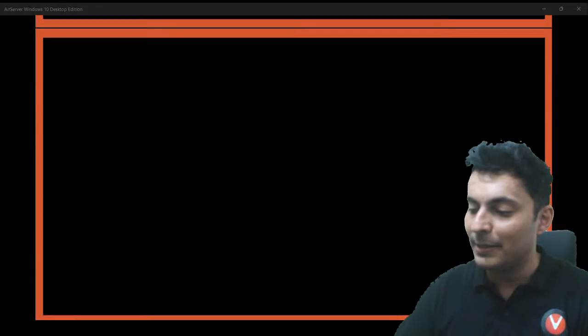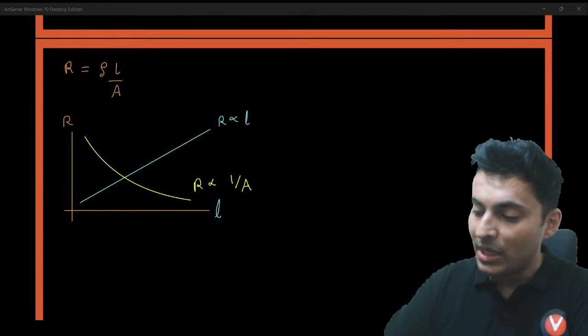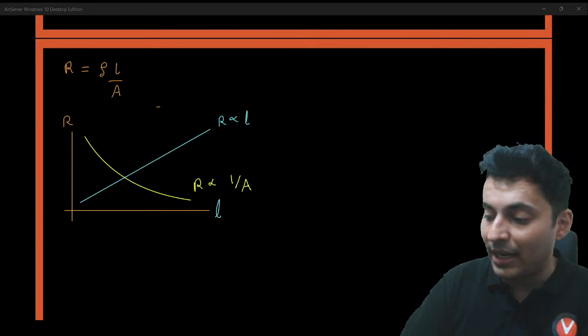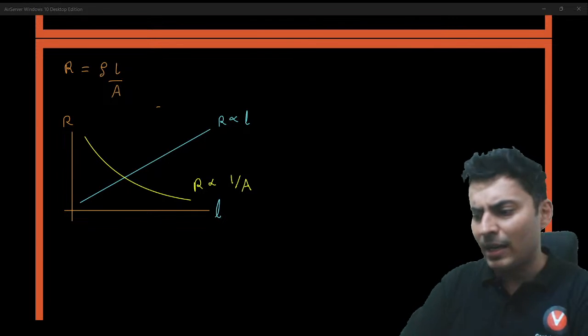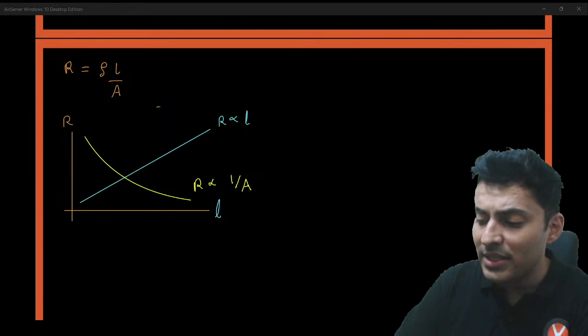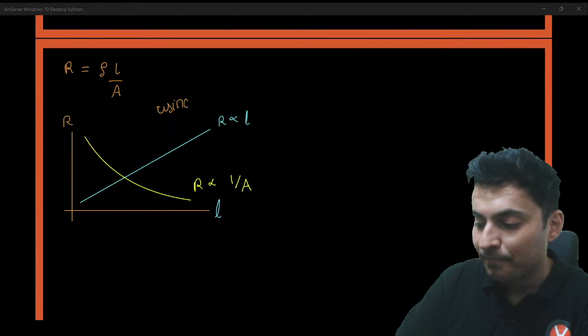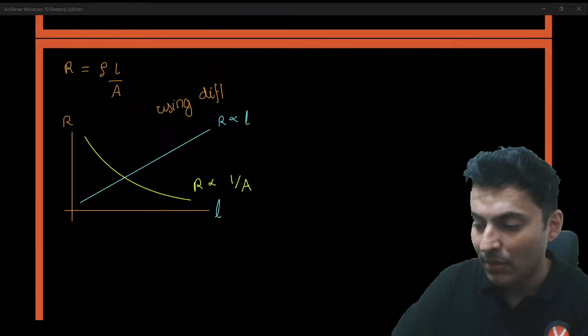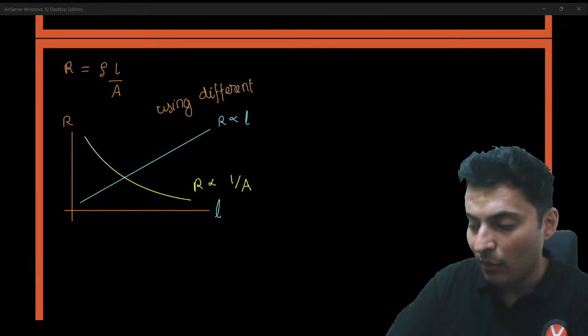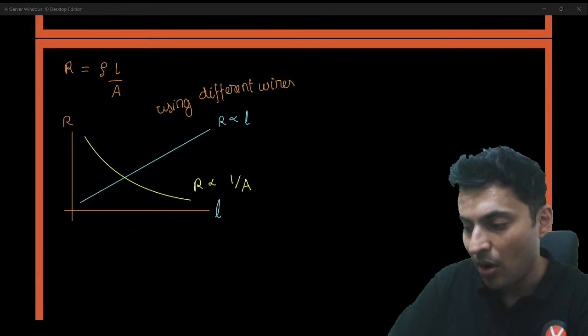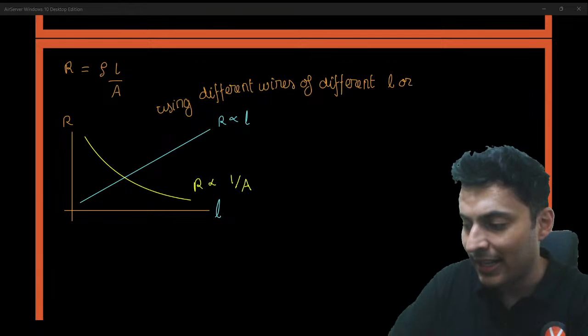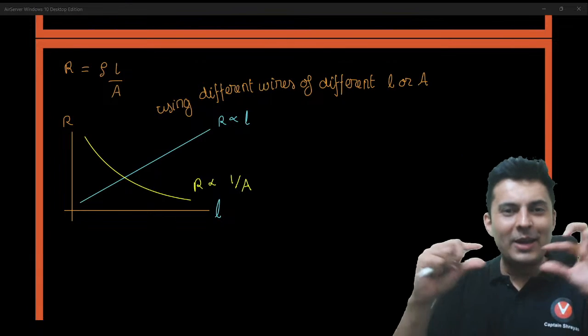What do I mean by that? Here, when I wrote R is rho L by A and I'm saying resistance is directly proportional to length, I'm using different wires of different lengths or areas.